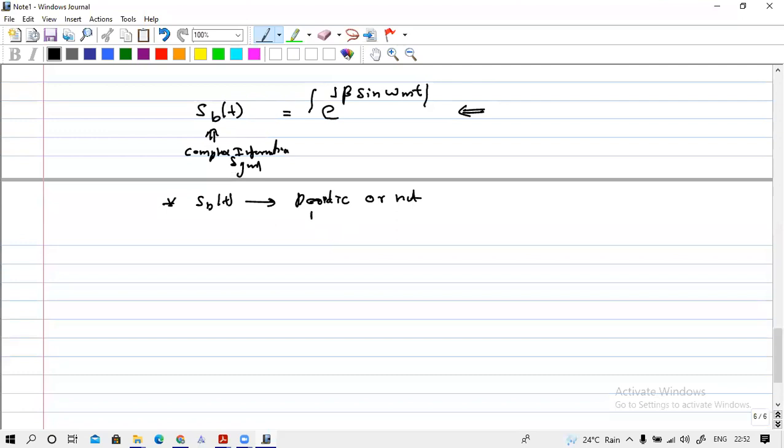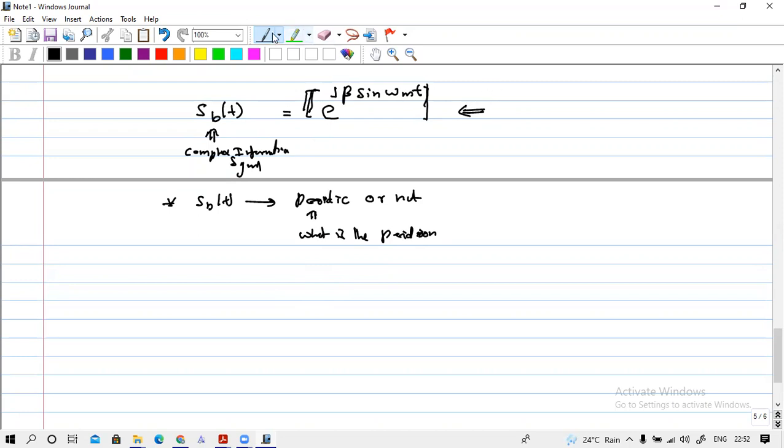And if periodic, what is the period? Can you find this? Before going further, stop here and try to verify whether this is a periodic signal or not. Anyway, we will do this.